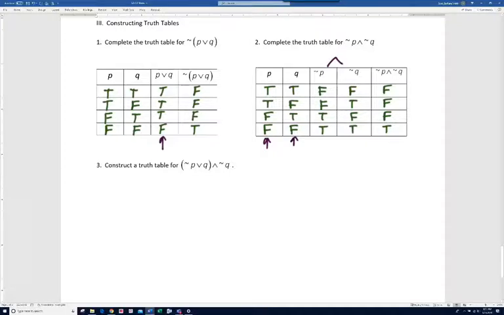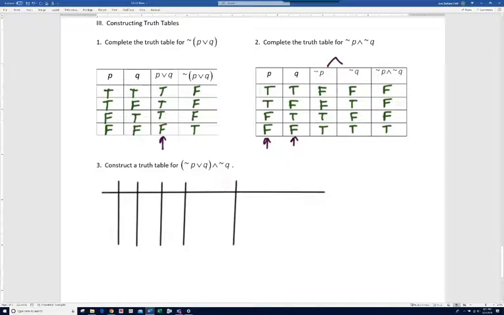To number 3. It says construct the truth table for, in parentheses, not P or Q, and then and not Q. So I'm going to go ahead and make a little table here.